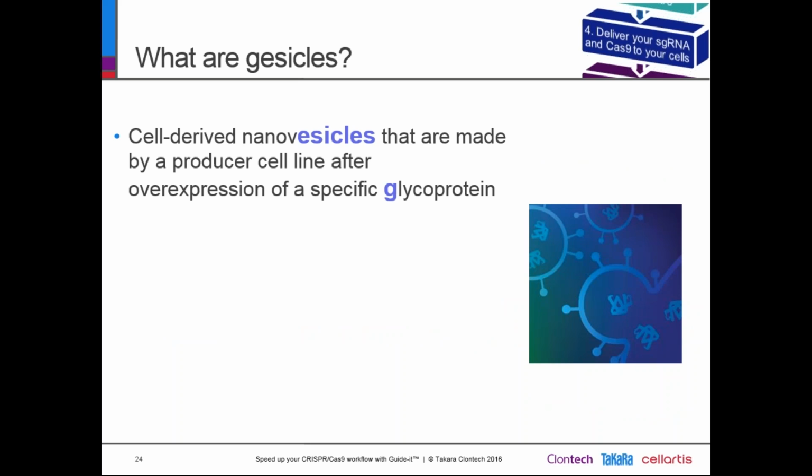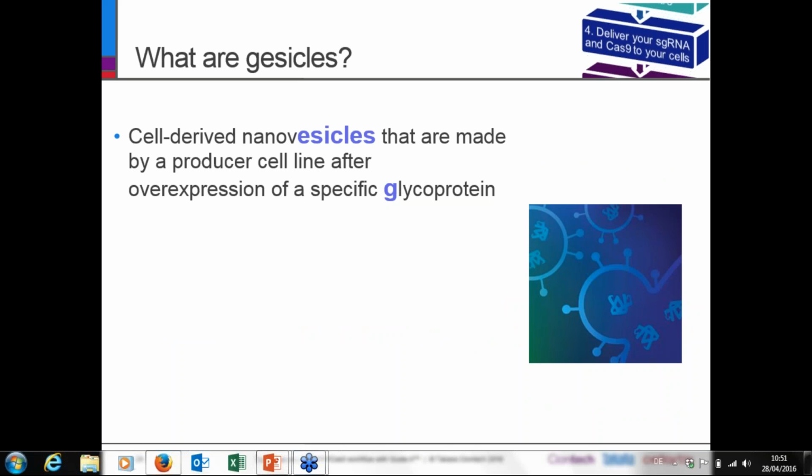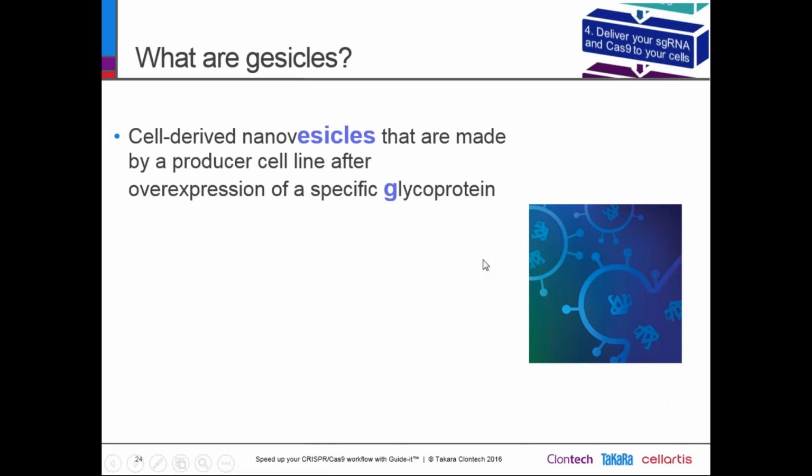So first of all, you might wonder what the name Gesicle stands for. The name comes from vesicles and glycoprotein, because Gesicles are cell-derived nanovesicles which are made in a producer cell line after overexpression of a specific glycoprotein.